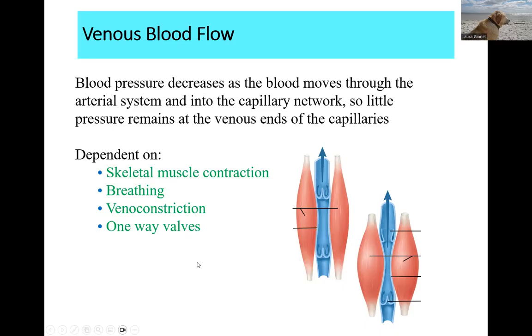All right, the breathing mechanism does that as well, especially in the abdomen and in the chest, because as you breathe in and out, your diaphragm drops and your lungs expand in the thoracic cavity. It creates pressure on the vessels passing through there, the aorta as well as the inferior vena cava.